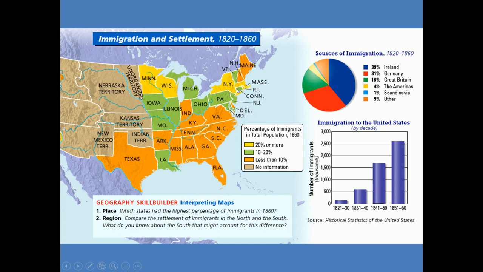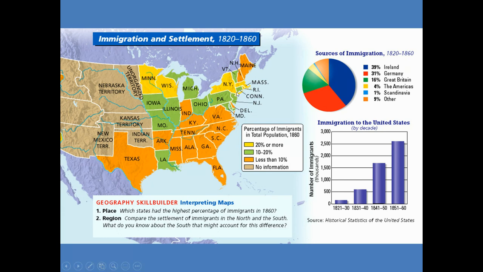Most of these immigrants with skills, most of them would go west. And that's how come you see Minnesota, Wisconsin, Michigan, and Illinois will also become destinations for immigrants.